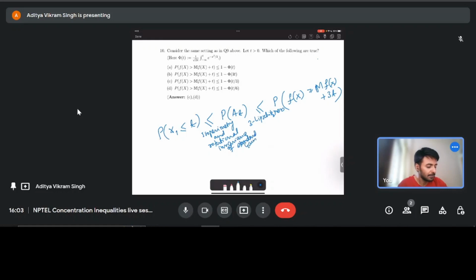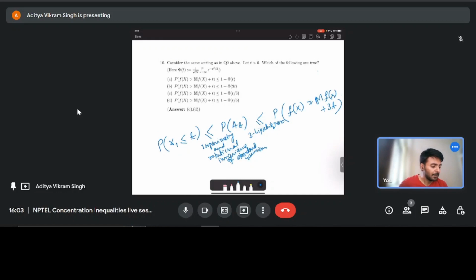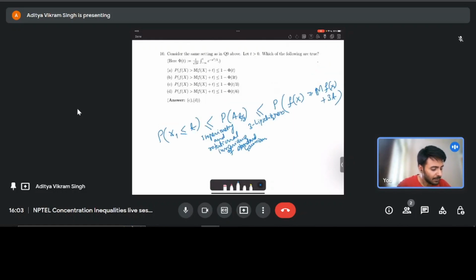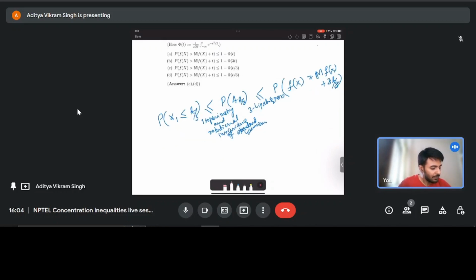Okay, if you just replace t by t/3 for this question, then the 3t/3 just becomes t. So now we can relate the extreme right to the extreme left.